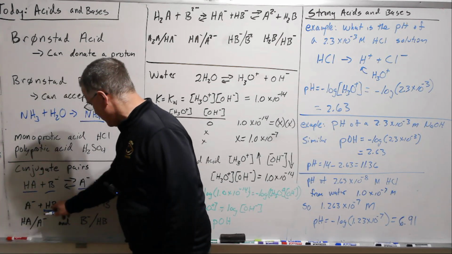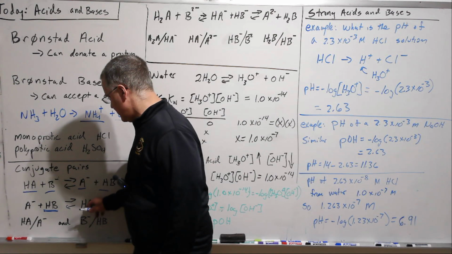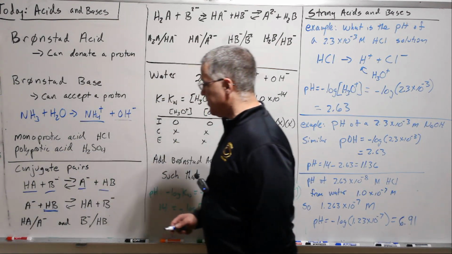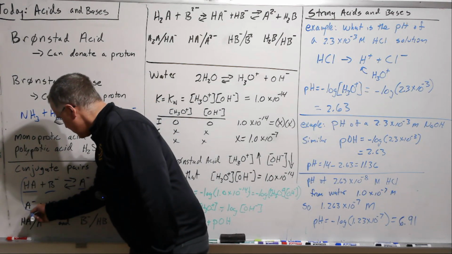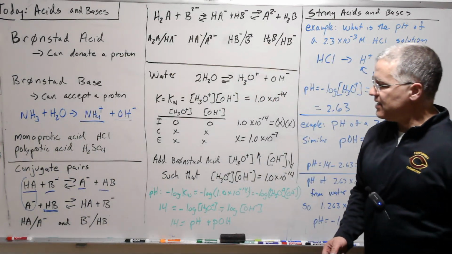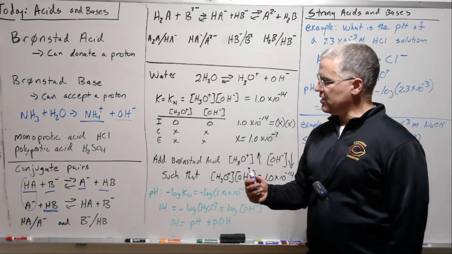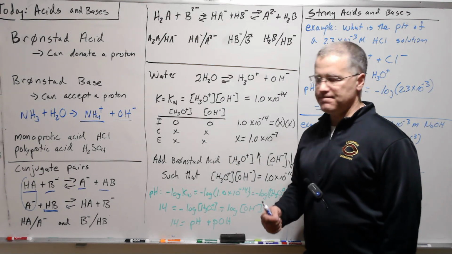This is donating a proton and this is accepting it. So the A minus is acting as a base in this reaction. And so if we look at this pair here, this HA, A minus pair, that's a conjugate acid-base pair. So we say that A minus is the conjugate base to HA.